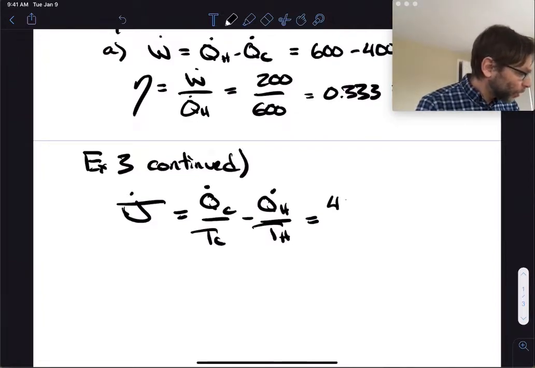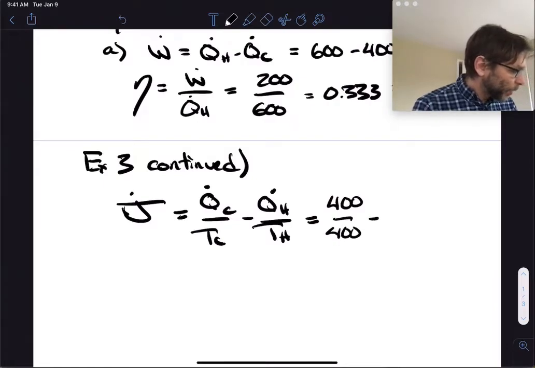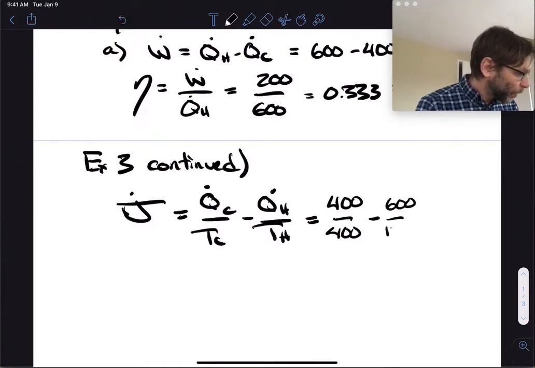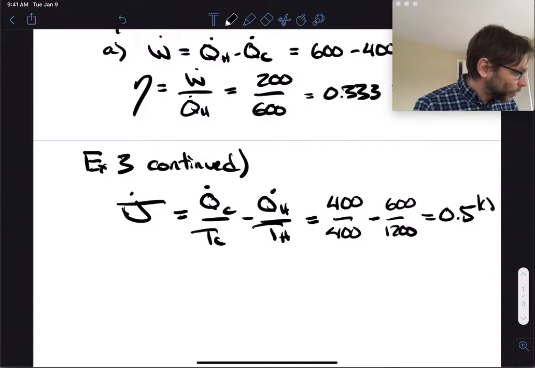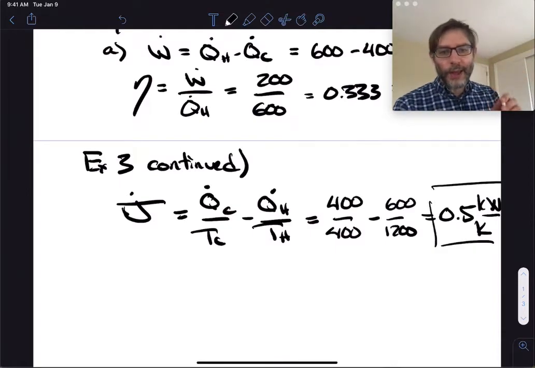So 400 over 400 minus 600 over 1200. And this ends up being 0.5 kilowatts per K. So the units of sigma are kilowatts per K in this case.